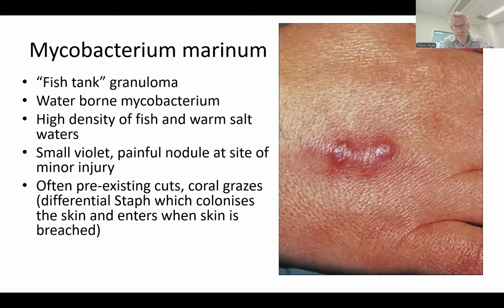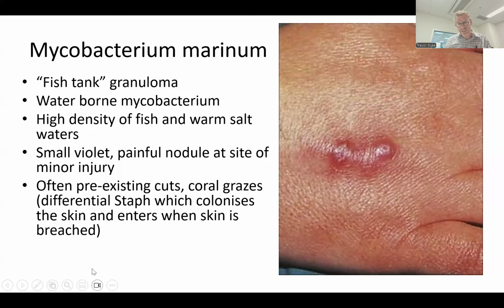Another type of granuloma, also a mycobacterial granuloma, that I wanted to briefly touch on is Mycobacterium marinum. This is a waterborne mycobacterium, and where there are coral reefs, a high density of fish and warm salty waters, especially in tropical environments, Mycobacterium marinum can exist, and especially when you've got coral grazes or pre-existing cuts on your skin, then Mycobacterium marinum can invade and cause this granuloma.